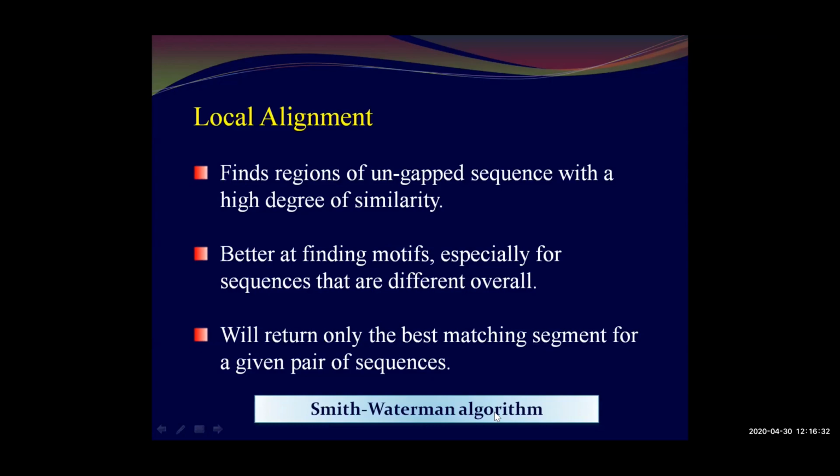So these are two algorithms more commonly used, but of course, several other algorithms have been proposed by different workers. But these are universally accepted algorithms for doing global and local alignment. For global alignment, it is the Needleman-Wunsch algorithm, and for local alignment, it is the Smith-Waterman algorithm. So we shall discuss in the next class how to go about these two algorithms and how they can help in aligning sequences.